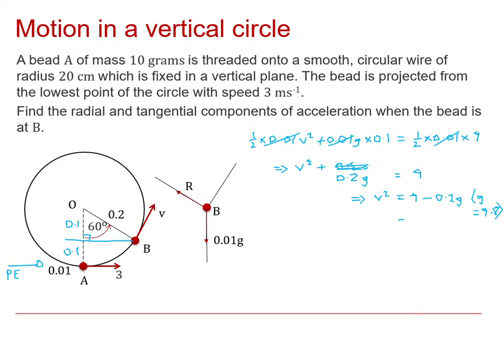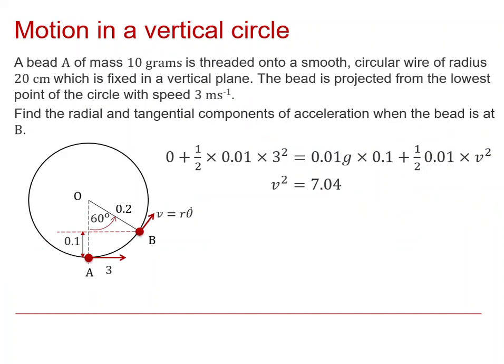So 2 times 9.8 is 19.6, so 0.2 will be 1.96. 9 minus 1.96 is 7.04. So our v squared value is 7.04.